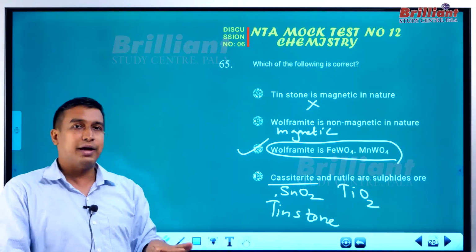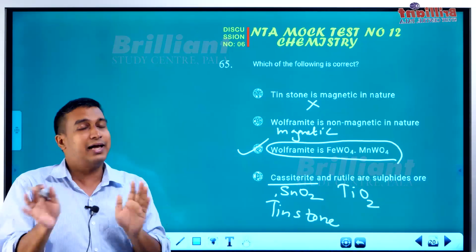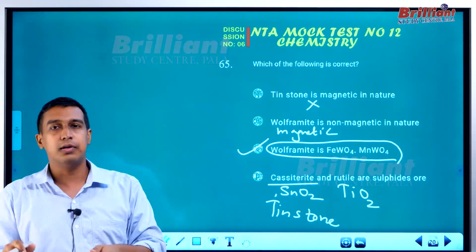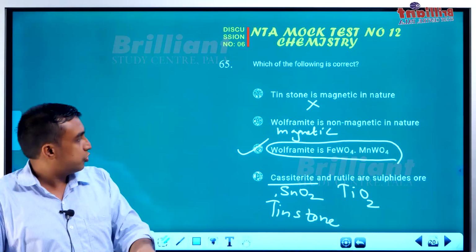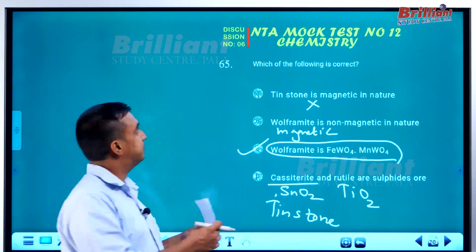Tin stone is not magnetic. Pure tin stone or cassiterite is not magnetic, so it will just stay there. I hope you got an idea. So question number 65, the answer will come as C.